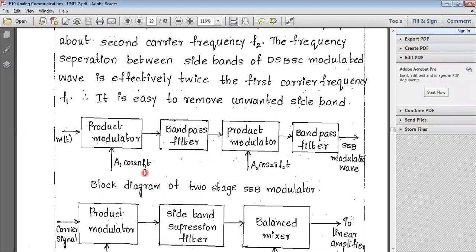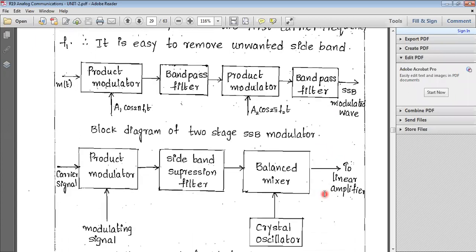At the first stage, if we have a 300 kilohertz carrier, at the second stage, if we use 350 kilohertz, and if the message signal is 5 kilohertz, then after passing the second stage, the difference increases. So that we can increase the quality factor. That's why by putting two stages, we get a good SSB modulated wave. That is one of the advantages of this technique.